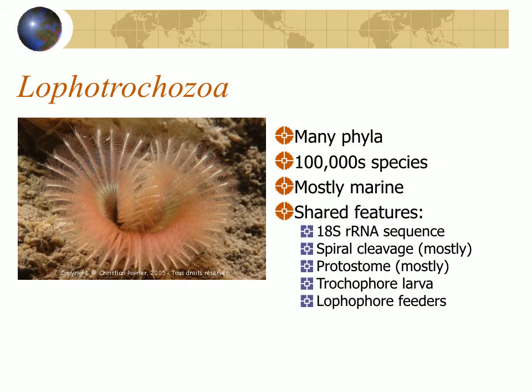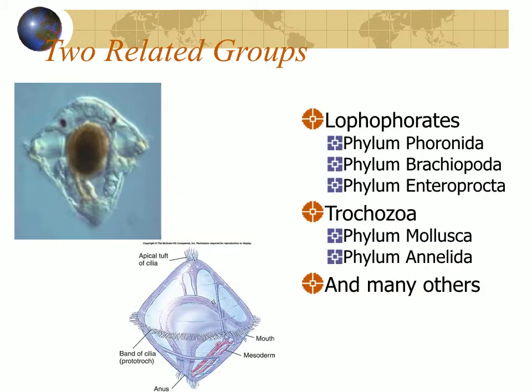They're grouped together based on their genetics and that they have spiral cleavage, and many of them are going to form a trochophore, a feeding structure that's kind of a horseshoe-shaped ring of tentacles that traps particles, or they may have a lophophore, which is a larval form that has two bands of cilia and will settle down somewhere to develop into an adult animal.